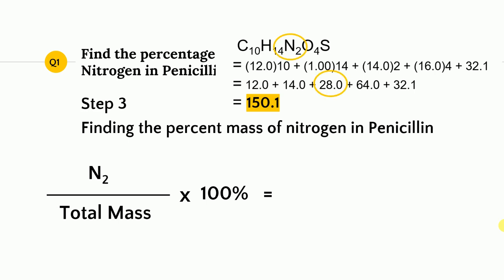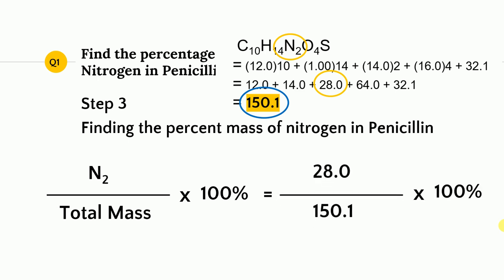And penicillin is 150.1. So we all have to substitute in the values, and there you have it. Use your calculator or anything, and the answer is 18.6%. So we could say that the mass of nitrogen is 18.6% in penicillin, or we could also say that in penicillin, the mass of nitrogen takes up 18.6%.